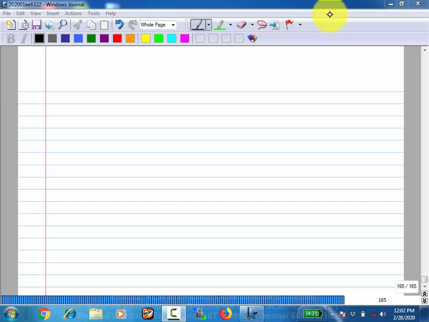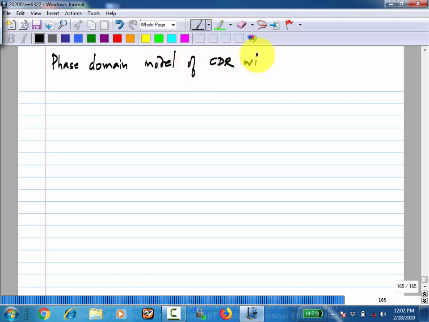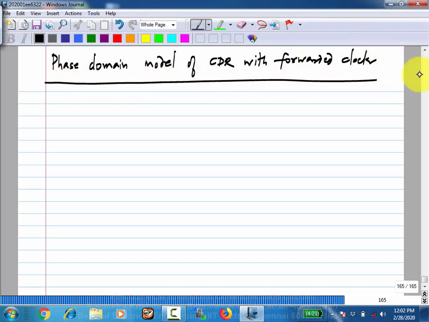We were looking at the phase domain model of the clock and data recovery circuit with forwarded clock. And the system for which we generated the model is this.